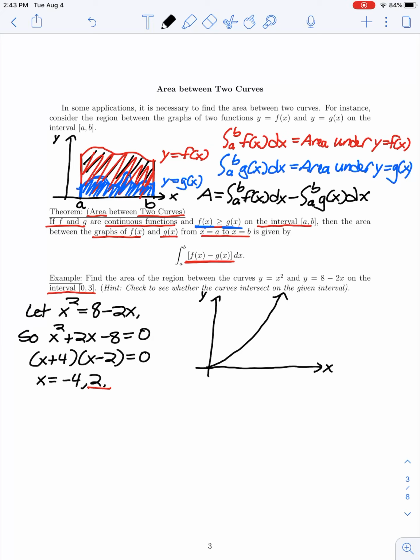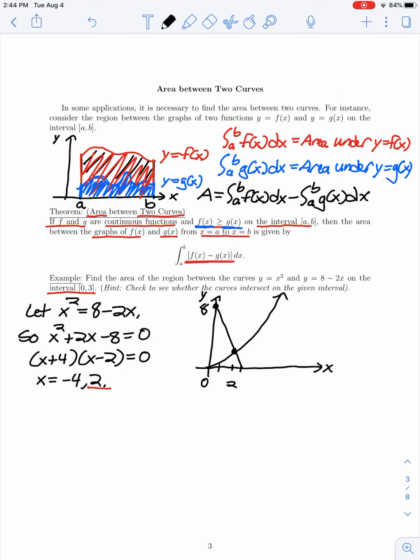And then we have the curve y equals 8 minus 2x, which is a line whose y-intercept is 8 when x is 0, and it has a slope of negative 2. So it looks something like this. We see that this point of intersection was when x equals 2, and we're looking at this over the interval from 0 to 3. Not drawn to scale here, but we've got our illustration.